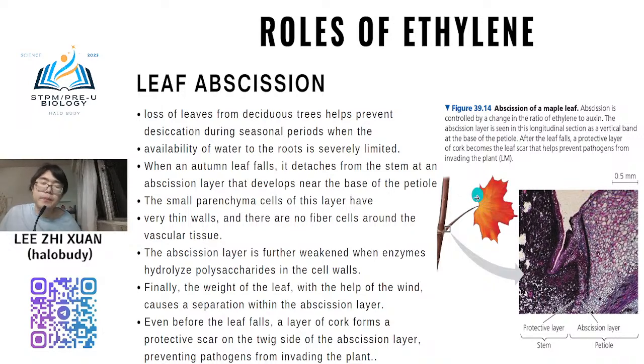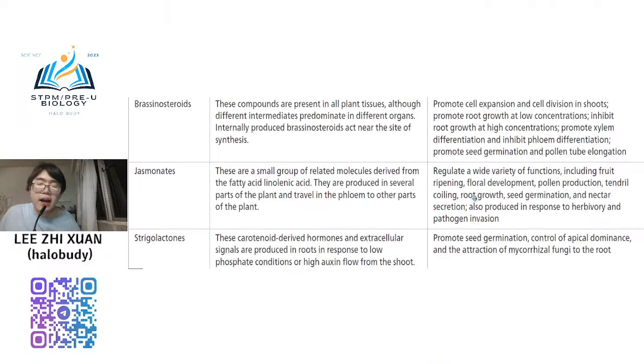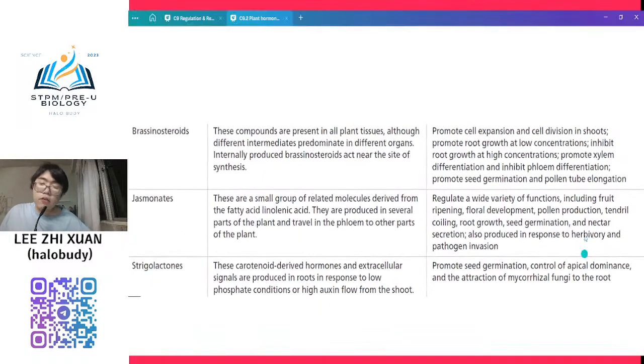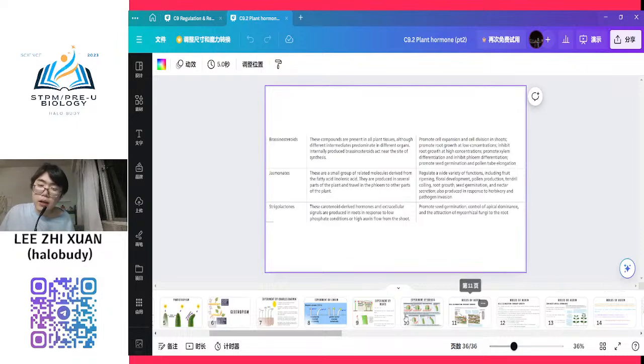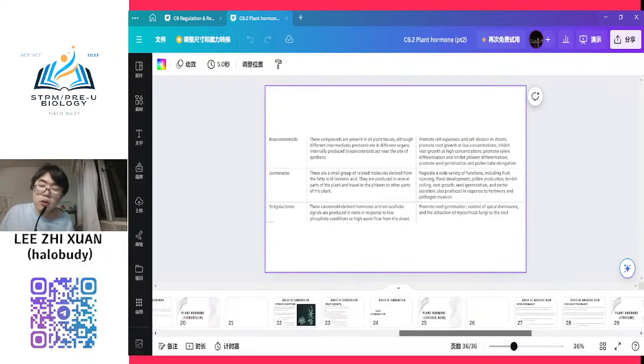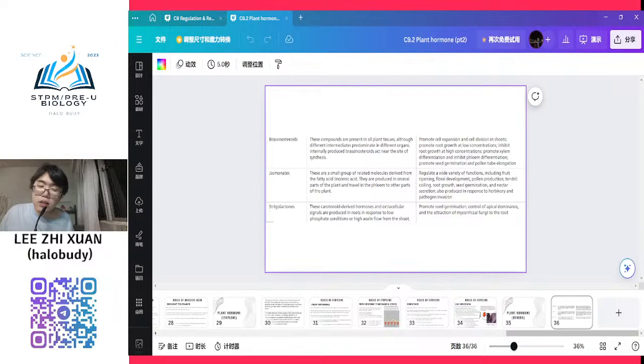Okay. And then there are also other types of plant hormone, but this one is not under your syllabus, so I don't focus lah. If you are interested, you can read yourself. Okay, so I think that's all for the plant hormone. So I need to see any questions so far.